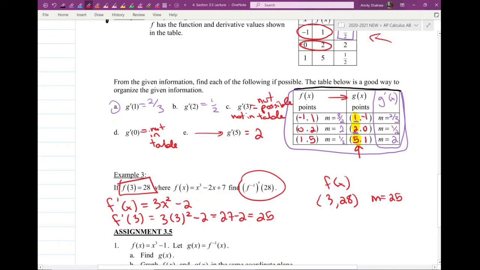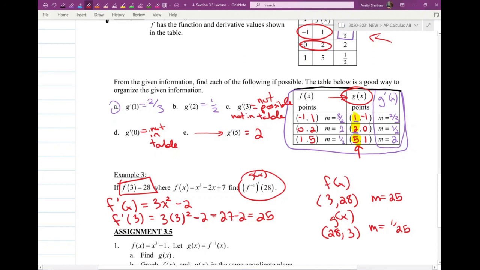So that means, what do I do? Oh, well, look, think about it this way. Again, let's call this g of x, and let's do a table just like we did up here. And so I say g of x has a point, and I'm going to flip that 28 and that 3, 28 and that 3, and then why don't I just flip that slope from being 25 to 1 over 25, and then ta-da, I've got it.